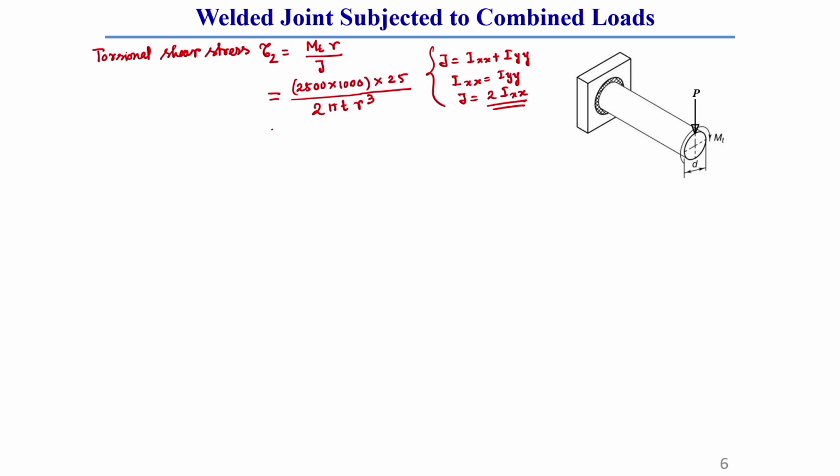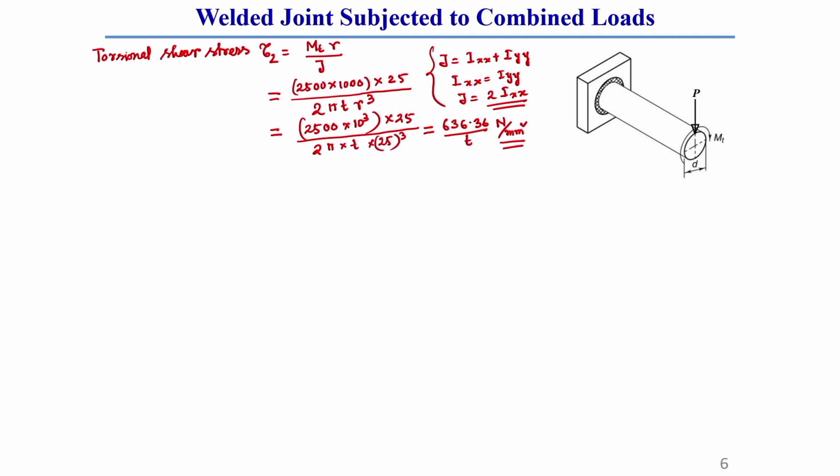So, from here tau 2 you can get as 2500 into 10 to the power 3 into 25 divided by 2 pi t into 25 to the power cube. This will give us a value of 636.36 divided by T Newton per mm square, correct.